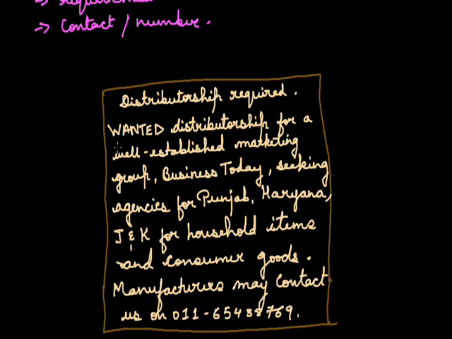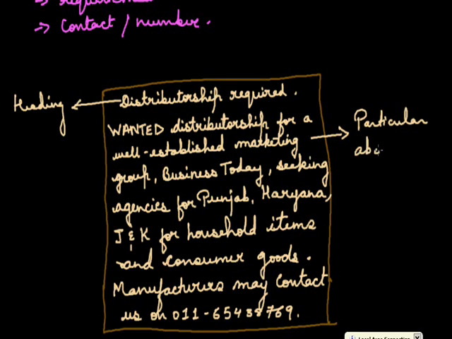As I've told you, in classified advertisement, when you place an advertisement, you are charged by the word. So it is like use less space with more information. Like if I've said distributorship required, I cover the heading. Then well-established marketing group, here I am telling you the particulars about the advertiser.